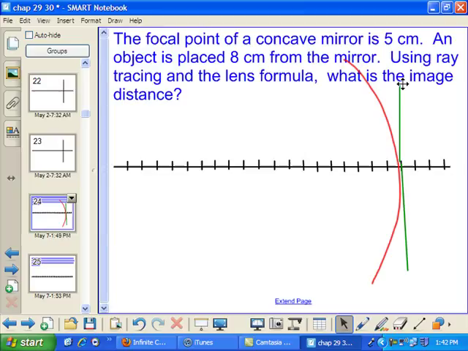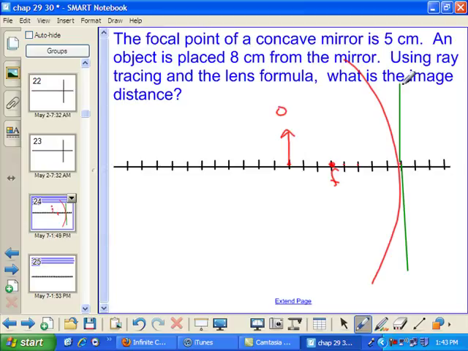But we draw all our lines to the perpendicular line. So I measure out my ruler from the mirror 1, 2, 3, 4, 5. Well, there's the focal point. That's F. Then 1, 2, 3, 4, 5, 6, 7, 8. There's my object, O.